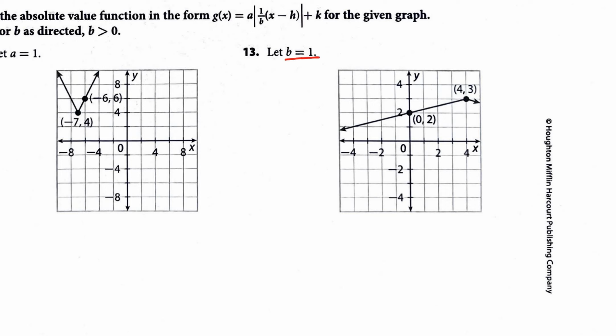They already gave you one value, b equals 1. So g of x equals a times the absolute value of x minus h plus k. I wrote it so you can see how we substitute. Right here we see there's a turning point, the vertex. That will be h and k.